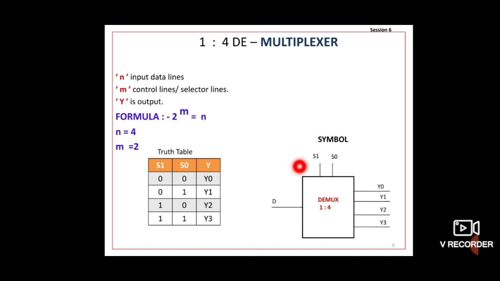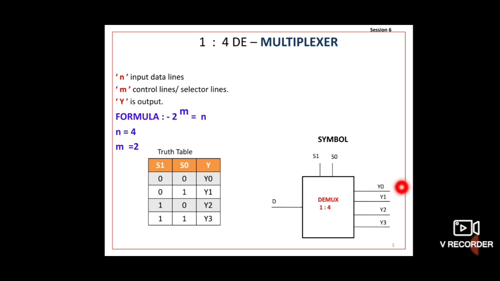Now see what the working of the demultiplexer is. This single input passes through to the output lines. In the 1 to 4 demux there is one input line which can be connected to 4 outputs.